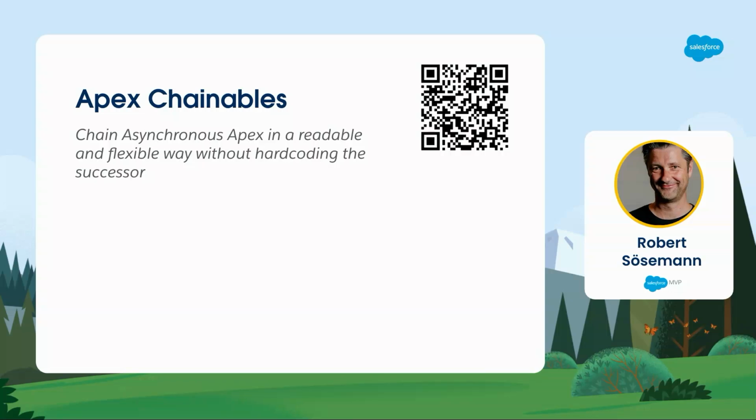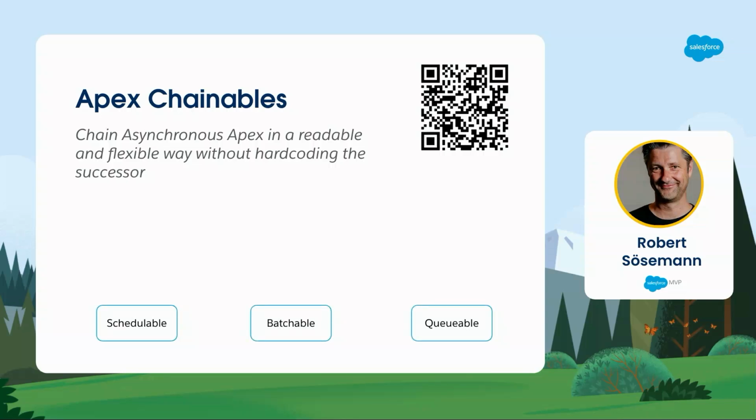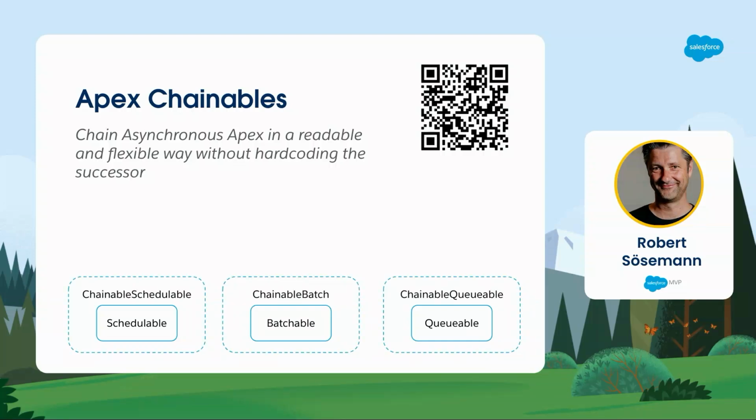So let's talk a bit more about the framework. This framework currently works with three different types of async processes from Apex: schedulable, batchable, and queueable. And what it does is create a new implementation that has two main objectives.